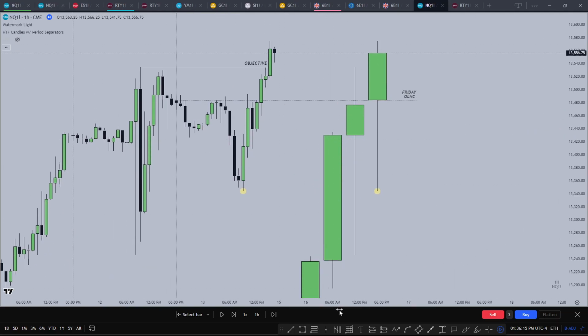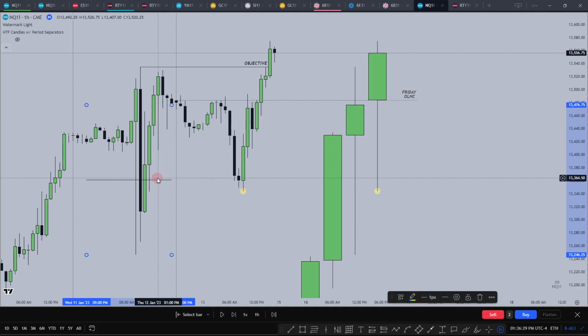Now EQ of previous day's range being respected.